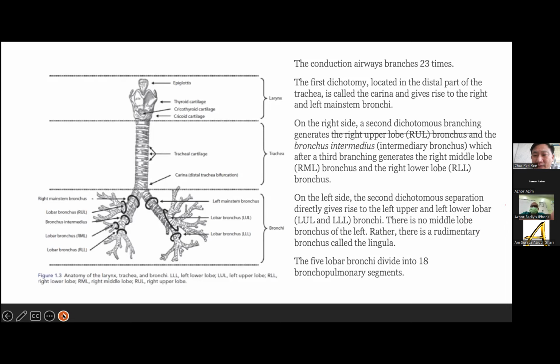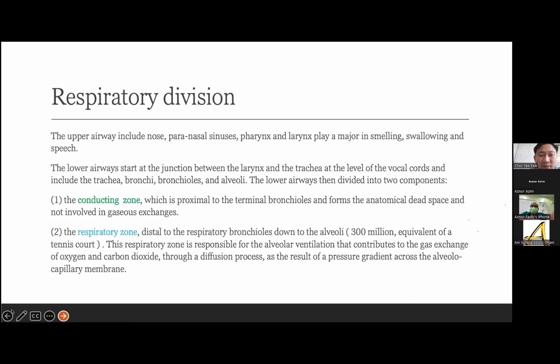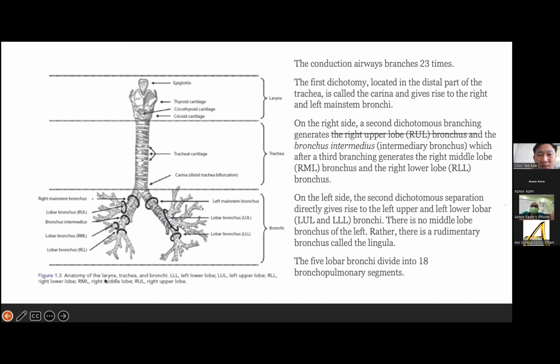In which they have incomplete cartilage. They have incomplete cartilage when you go all the way down. First at the trachea, you have a complete C-shaped tracheal ring. When they branch down at the carina, the main bronchus itself has a complete ring of the bronchus.